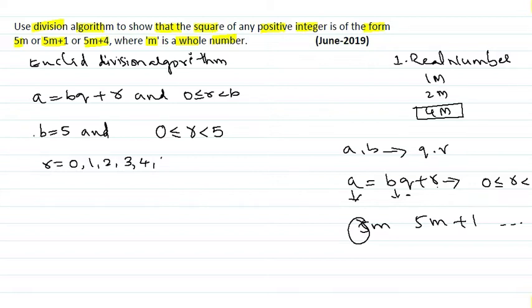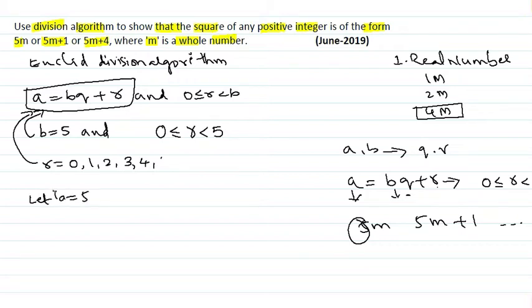Now substitute this b and r in the division algorithm. First take b is equal to 5 and r is equal to 0. Now a will become bq plus r. So the b value is 5, and q plus r is equal to 0.